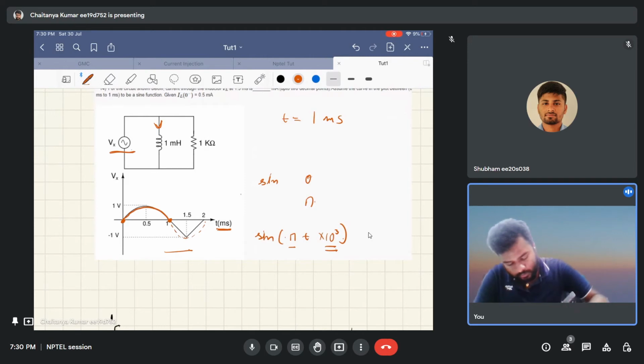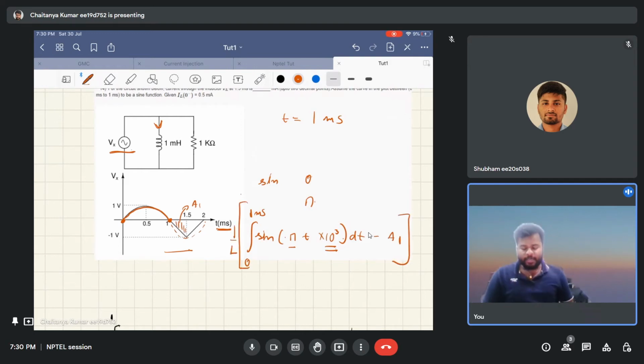So what you need to do is integrate this from 0 to 1 millisecond, and let's say the area under this up to 1.5 milliseconds is A1. You need to subtract this area, and if you divide it, you will get the incremental current from 0 to 1.5 milliseconds.